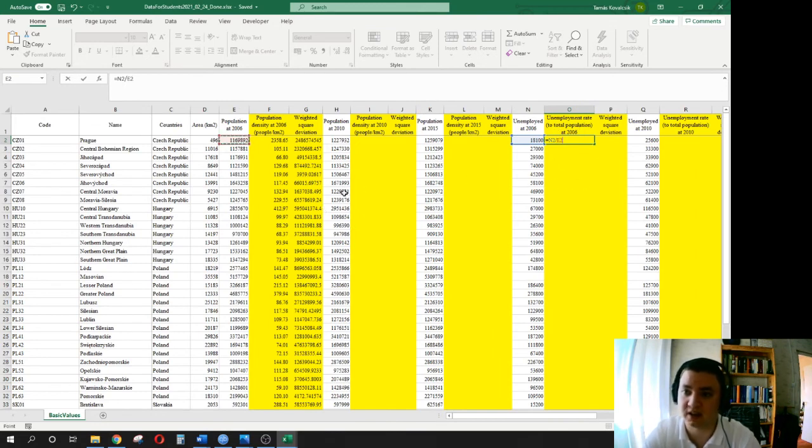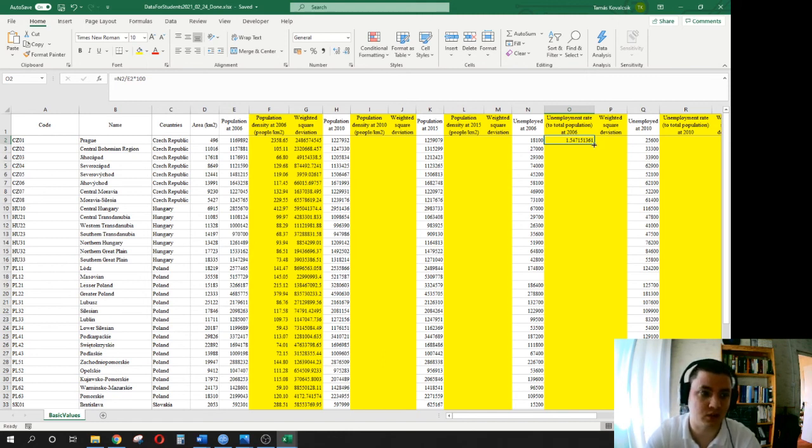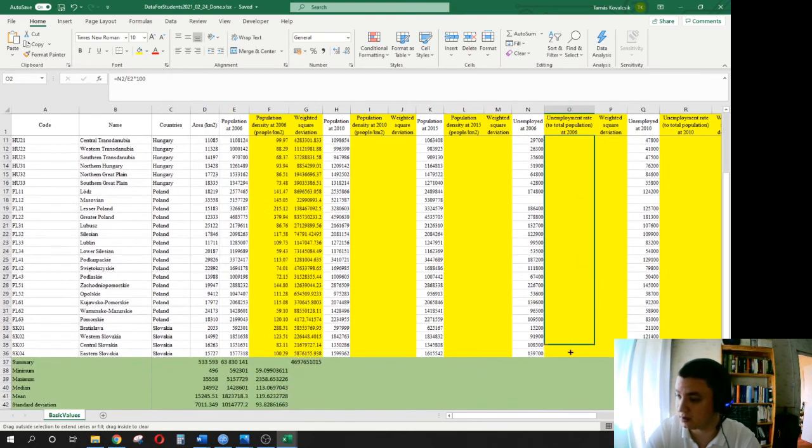You have to divide it by the 2006 population and multiply by 100 for the percentage form. So this is 1.5% of the people unemployed in Prague, for example, in the Czech Republic.